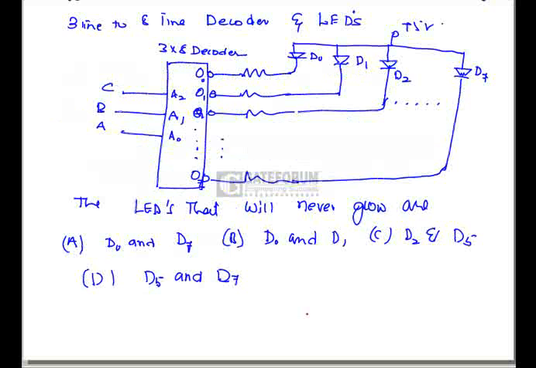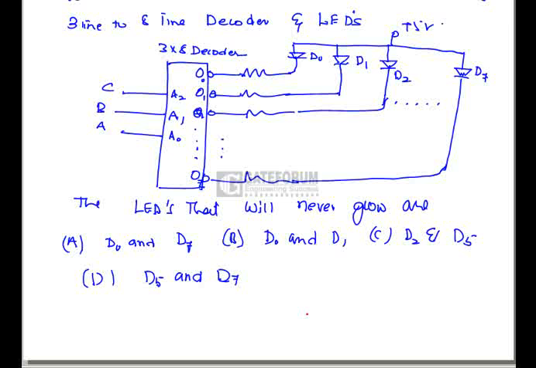Question is, a divide by n counter is designed using JK flip-flops as shown in the figure. Assume initial outputs of all the flip-flops are 0. The output of the above counter is given to the circuit shown below, which consists of a 3 line to 8 line decoder and LEDs. The LEDs that will never glow are asked.